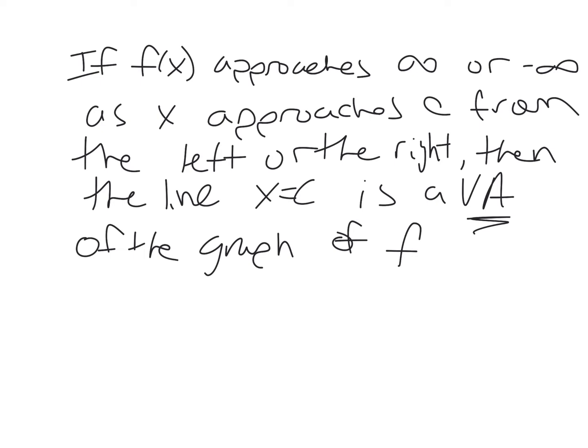All right, here's a little bit of a formal definition of vertical asymptotes with relation to limits. If f of x approaches infinity or negative infinity as x approaches c from the left or the right, then the line x equal to c is a VA of the graph of f. Okay, so it's pretty much saying what we were doing in the last problem. We're approaching from the left side on the last problem.